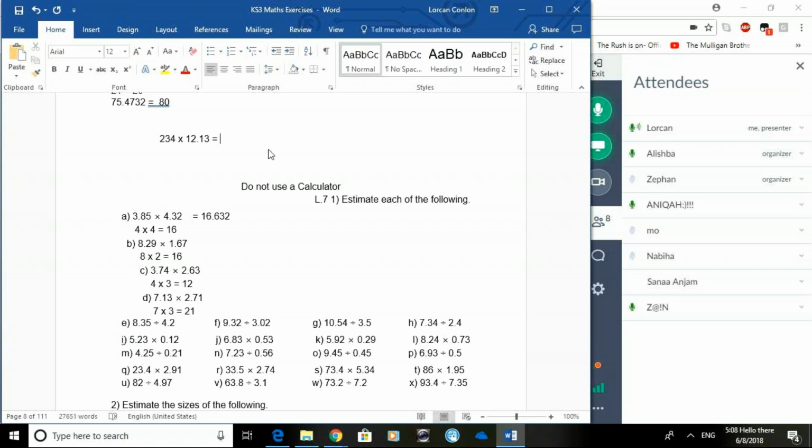Let's do this to two significant figures. So what's 234 to two significant figures? 230, yep. And 12.13 is 12.